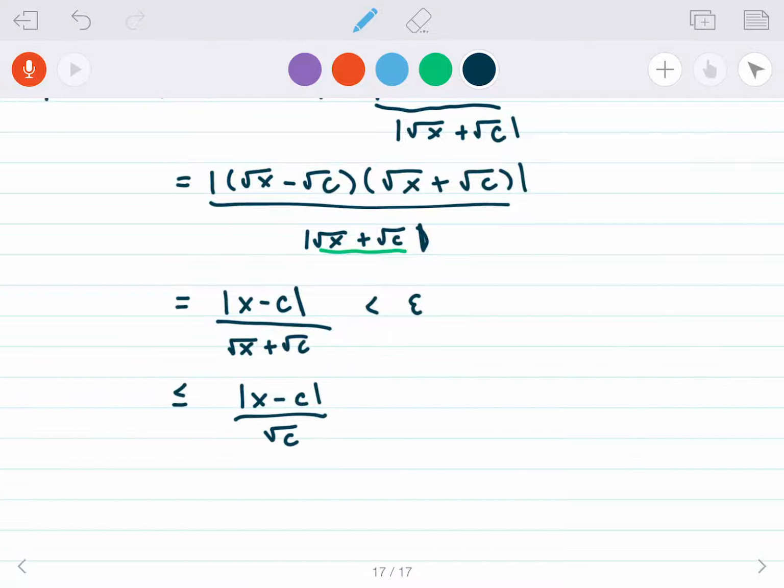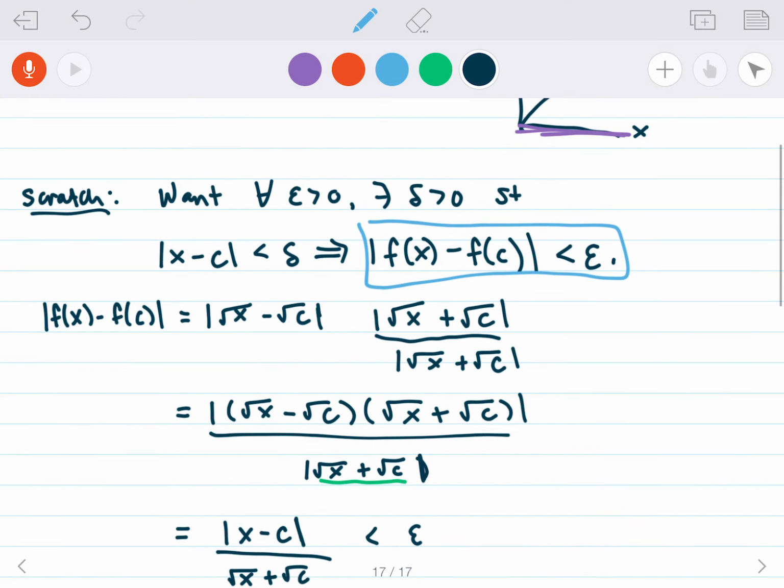Okay, and now I'm in a good position because delta can depend on c. That's not a problem. We just can't have delta depending on x. But notice that this is only valid when c isn't 0. If c equals 0, we have to take care of that case separately.